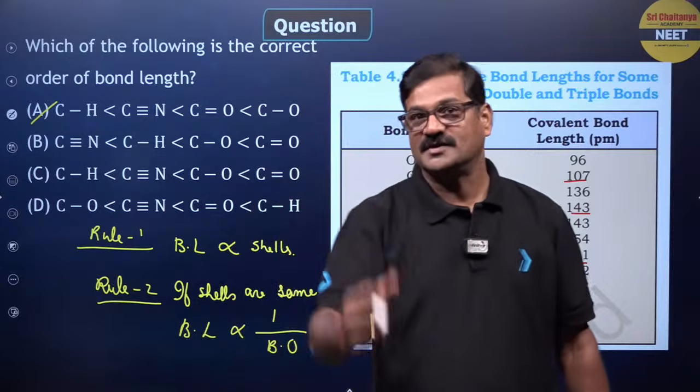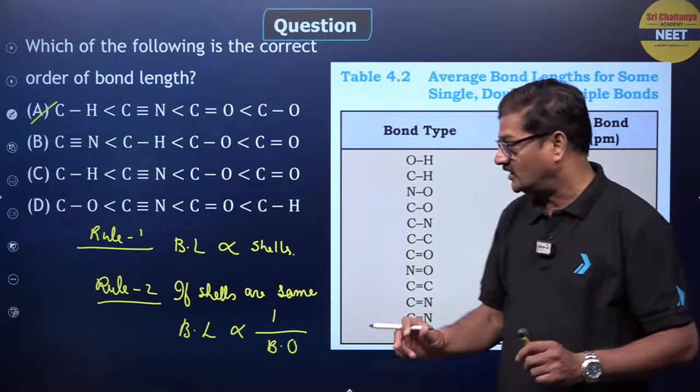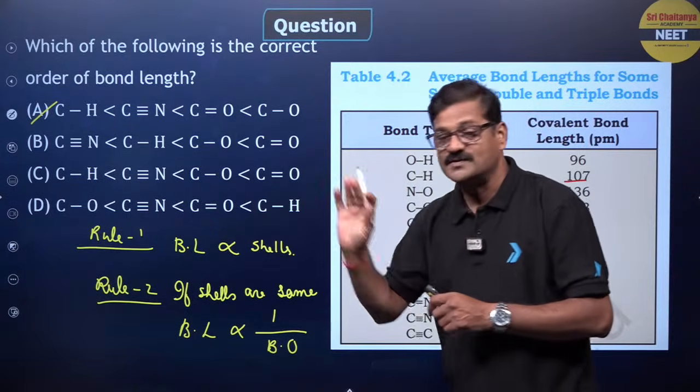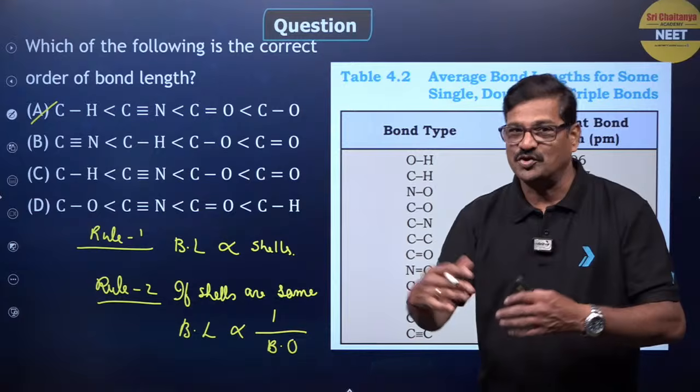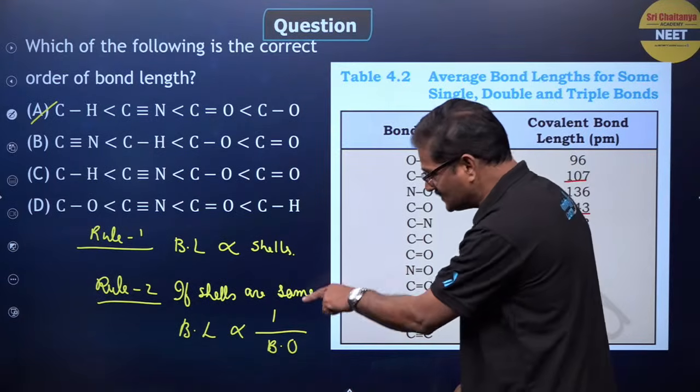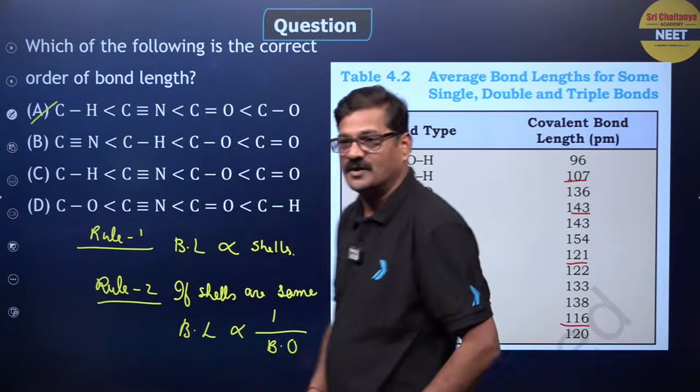As the number of bonds increases, bond length is going to decrease. So you first use rule 1, then you can use rule number 2. Otherwise, you are going to end up with a wrong answer. So this is the strategy I wanted to give you.